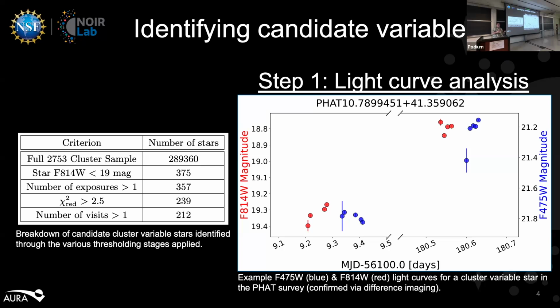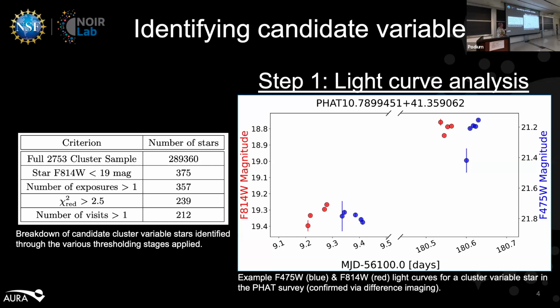Because of the crowded cluster environments, we wanted a good threshold above which we knew we'd have a good chance of picking up these stars. And then on the right-hand side is the first stage of how we identified these variables. There are 3 stages. This is very abbreviated, but effectively we looked at the PHAT photometry first and looked at the light curves to see: did any of these luminous cluster stars change?